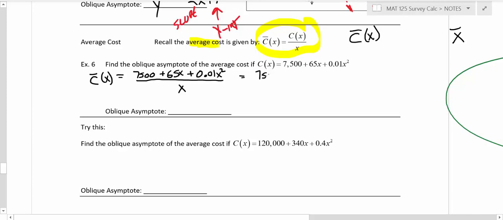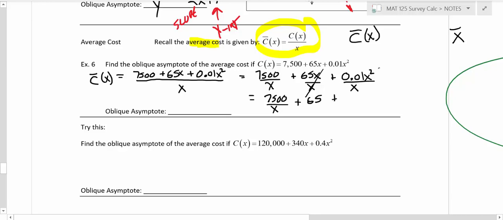So you would just have 7,500 over x plus 65x over x plus 0.01x squared over x like that. And just simplify. So you have 7,500 over x. The x's drop out there, leaving you plus 65.